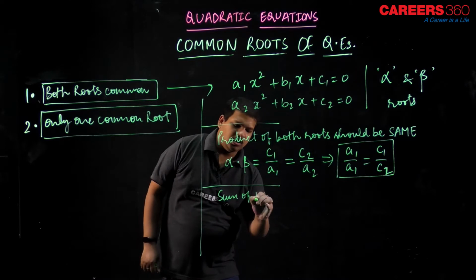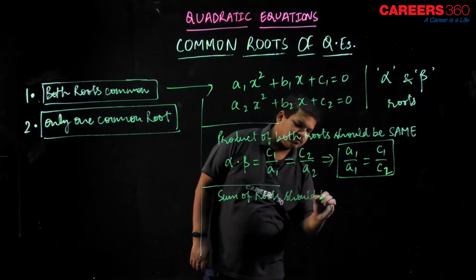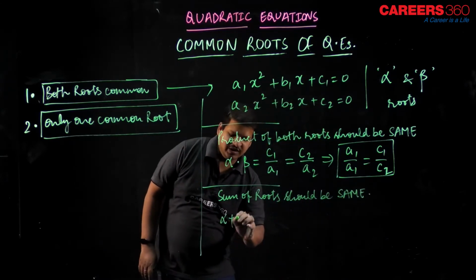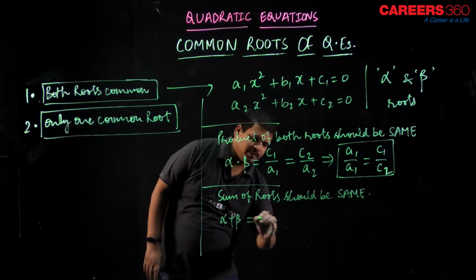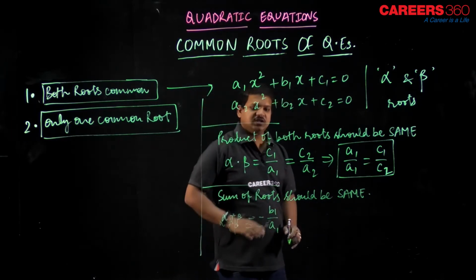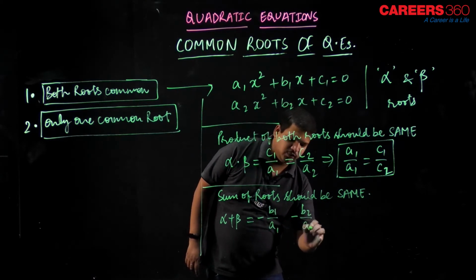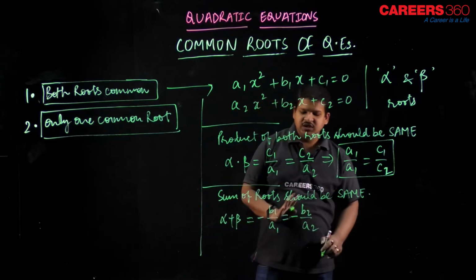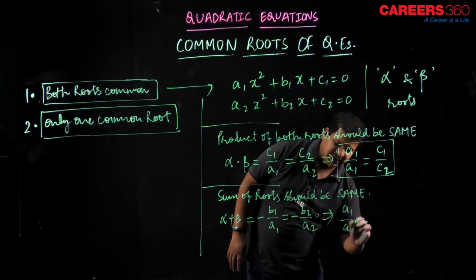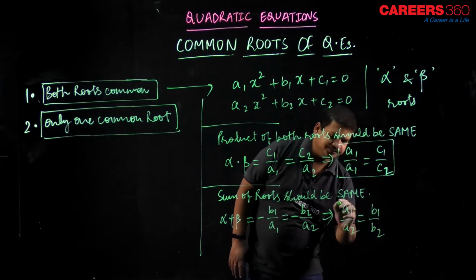Now proceeding towards our second point, that is, if both the roots are same, then summation of roots should be same. That is, alpha plus beta is equals to minus b1 upon a1. This would be for first equation, and minus b2 upon a2, this would be for second equation. These two should be same, and if these two should be same, what I can imply from here, that is a1 upon a2 should be equals to b1 upon b2.